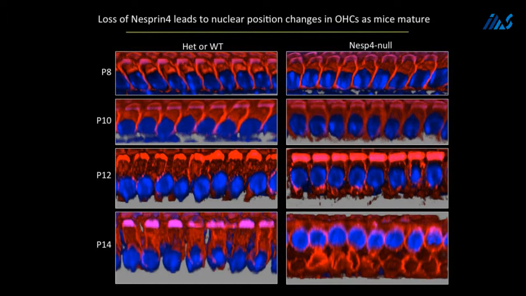As the cell elongates and the animals start to become sensitive to sound, what you find is that the nucleus in the mutant animals appears to migrate or fails to be retained down at the base of the cell.